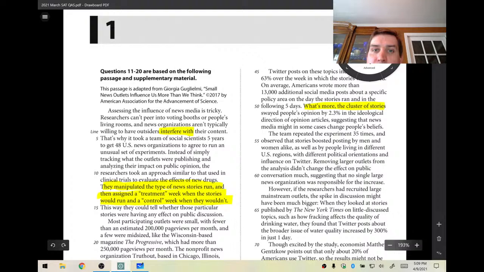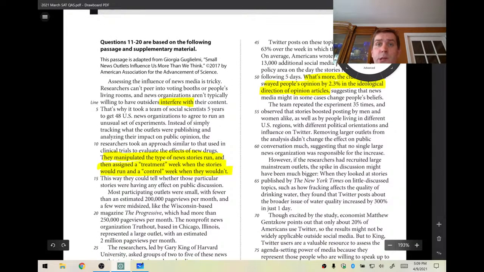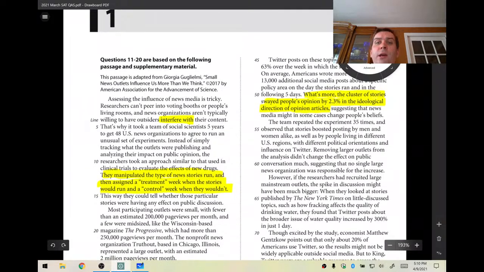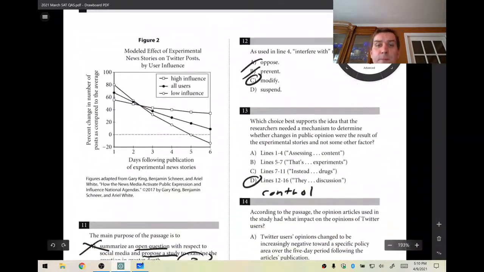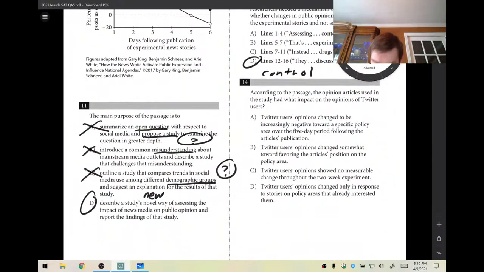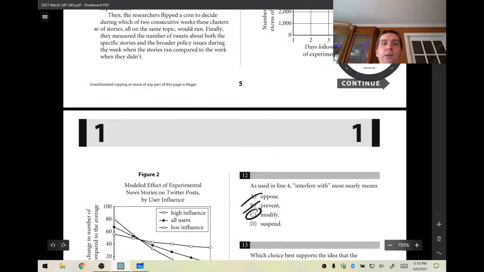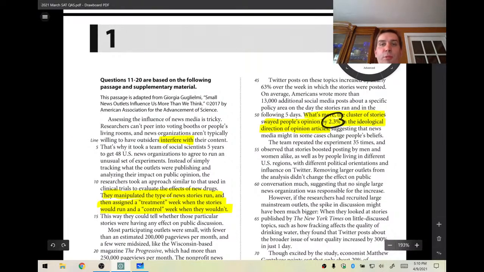What's more, the cluster of stories swayed people's opinion by 2.3% in the ideological direction of opinion articles, suggesting that news media might in some cases change people's beliefs, which would be B. Twitter users' opinions changed somewhat toward favoring the article's position in the policy area. In the example they gave us, by about 2.3% in the direction of the opinion.